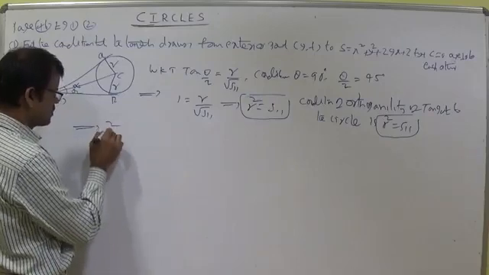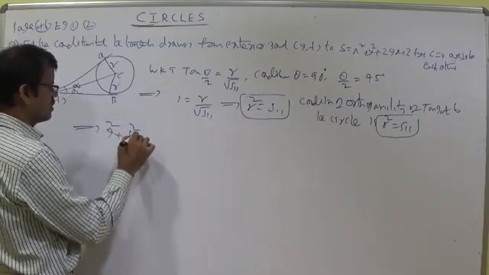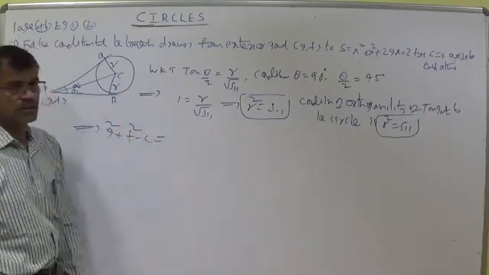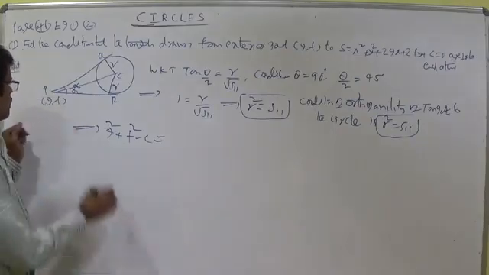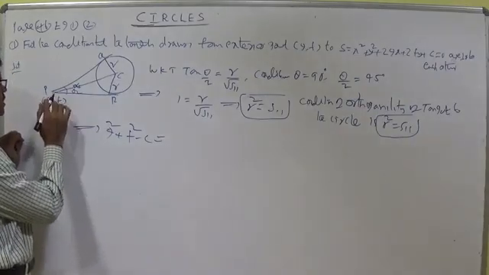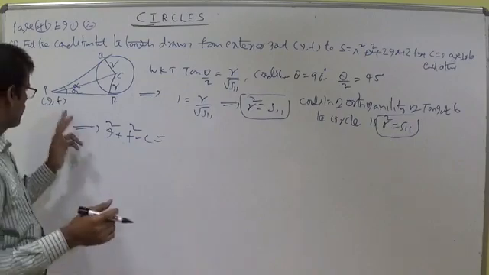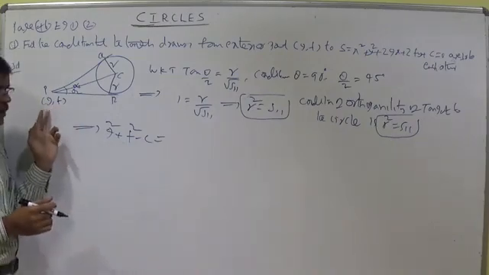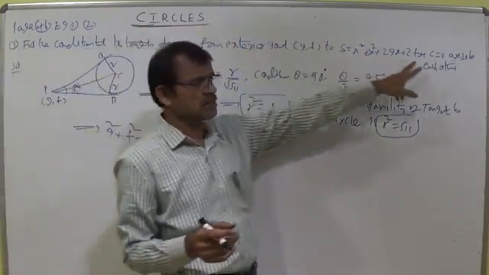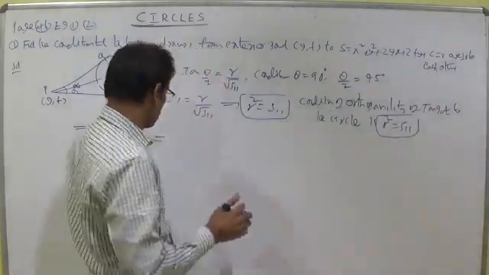That implies, what is R square here? g square plus f square minus c. What is S11? Whatever the point, external or internal, anything he has given, if you substitute the point in the circle, you will get the S11 value.